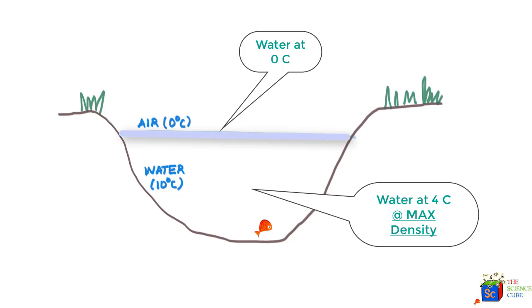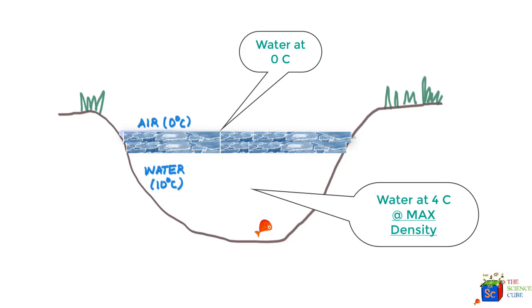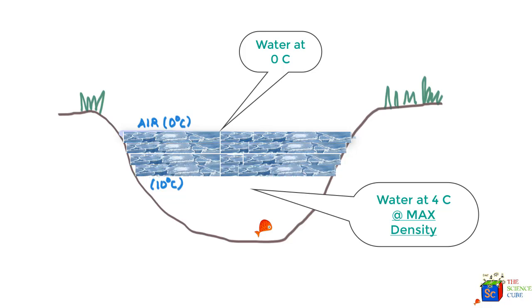And even when the temperature of water under reduces below 4 degrees, it is still denser than water at top, that is at 0 degrees, and therefore water on top does not sink down and the air outside continues to cool the water on top till it reaches 0 degrees and forms ice, and then the cooling of the water below continues from top down.